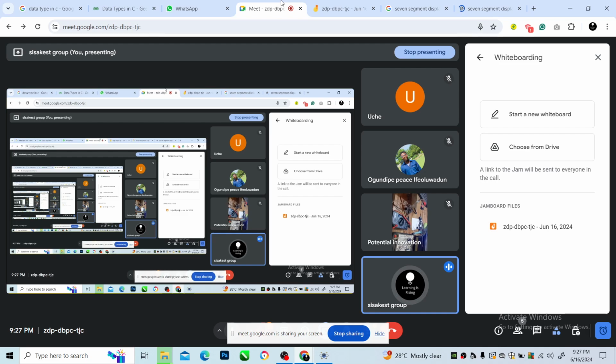So if I pick one 7-segment display like this, let me use the single one. This one is the single one. So what I would need to do is, this is a common negative.